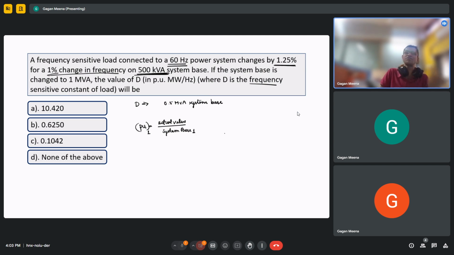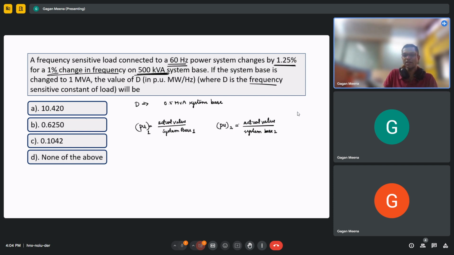Okay. The actual value will not change, right? If I take another system base, then the per unit value will change. The actual value will not change. A resistance of 5 ohm will remain a 5 ohm resistance whether we take a base on two different systems. Only the system base and per unit values will change.